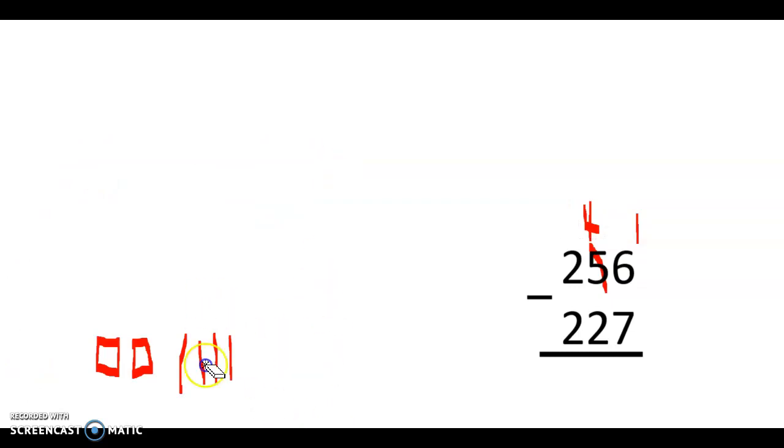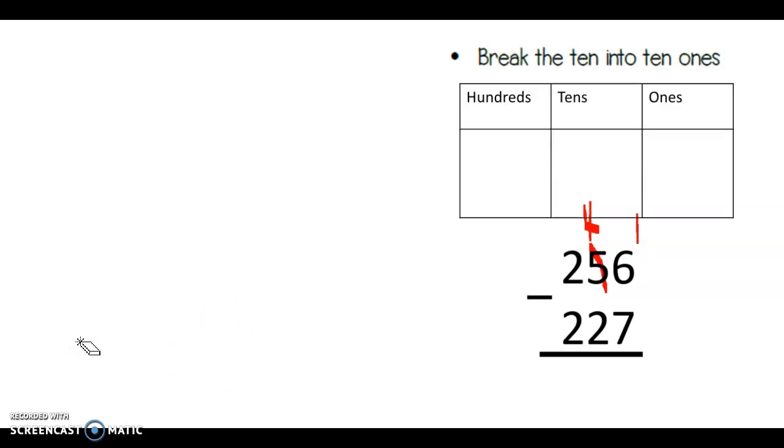So now we've got to break that 10 up that we just moved over to the ones place. Still have my 200s. I have my 4 tens that remain.